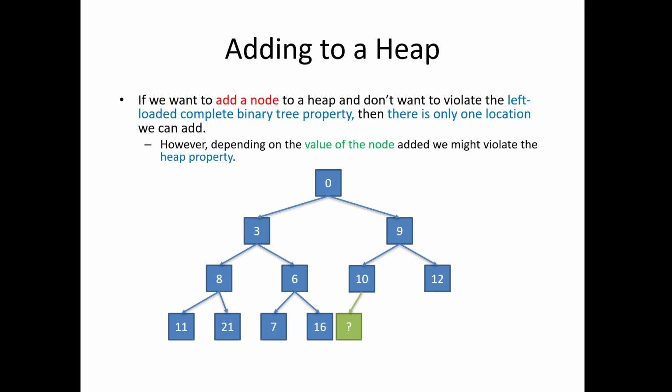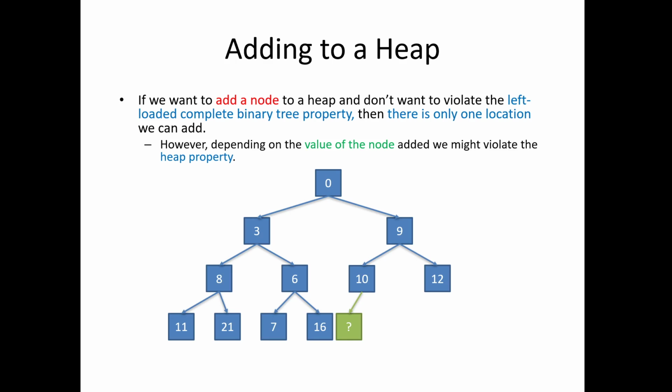And so usually what that's going to mean in a heap is, if I want to add to the heap here, and I want to keep it a complete left-loaded binary tree, then the only way that I'm going to be able to do that is to add an element into this one location here. I have it indicated with the question mark. If I add anywhere else, I'm going to violate the complete left-loaded binary tree property. So basically no matter what we do, when we add an element, we're going to add it here.